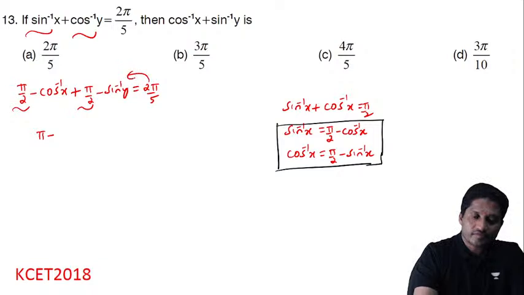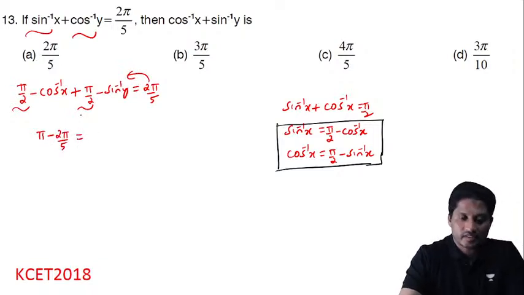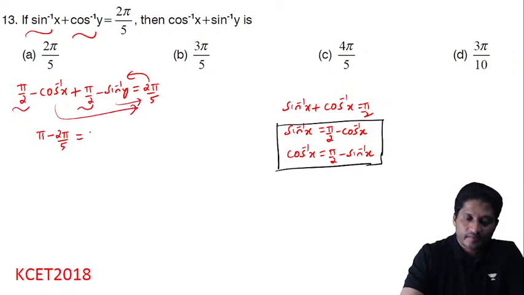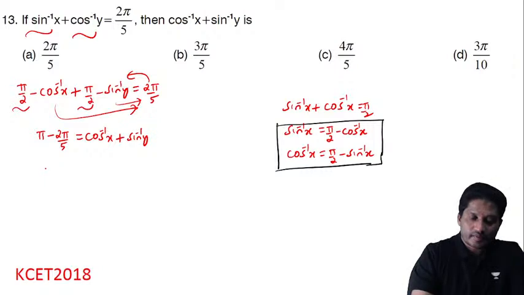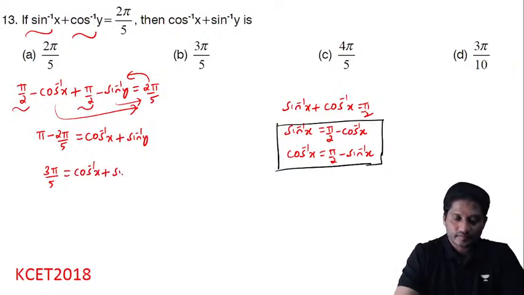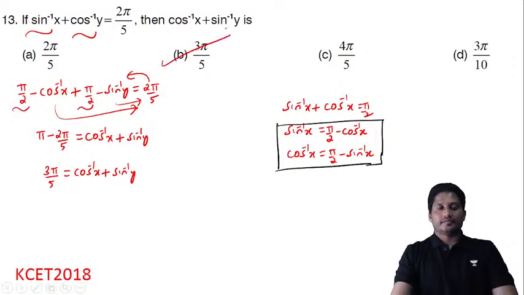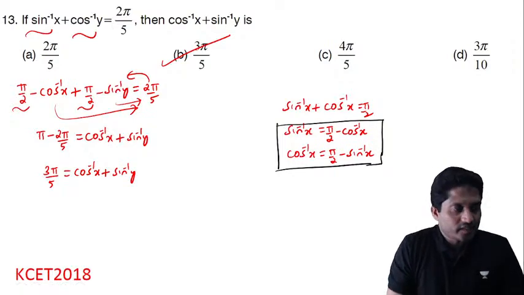Shift the minus 2 pi by 5 to the right side, so I get cos inverse of x plus sin inverse of y equal to pi minus 2 pi by 5, which is 3 pi by 5. Answer is option B. Right, let's move to the next question.